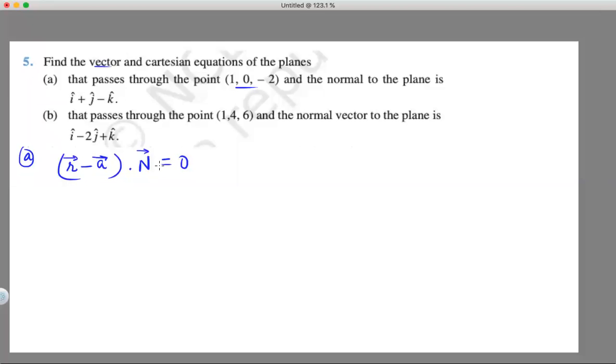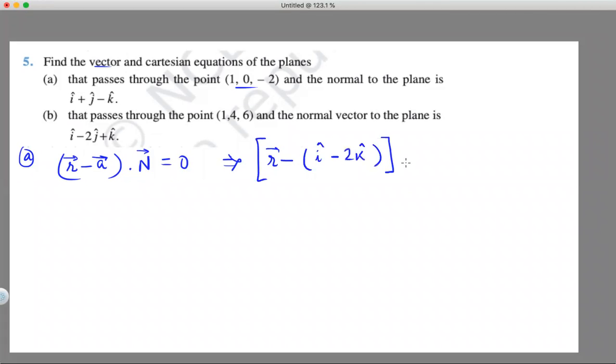Fine. So let's just do that. r minus a vector. Okay. r minus i minus 2k. Okay.